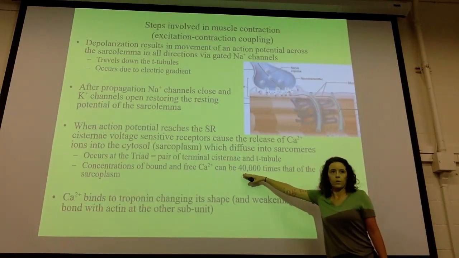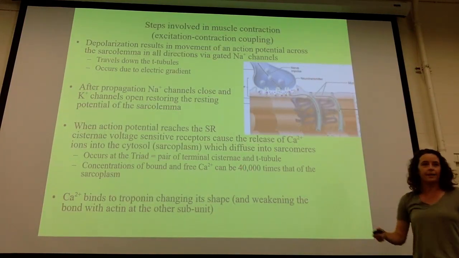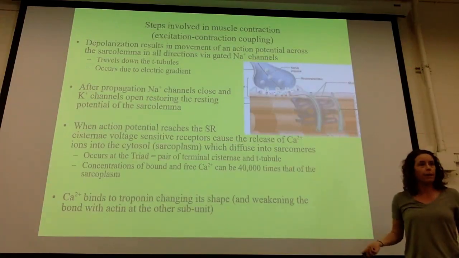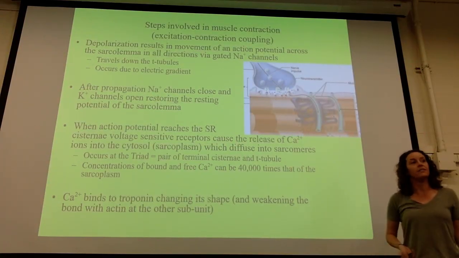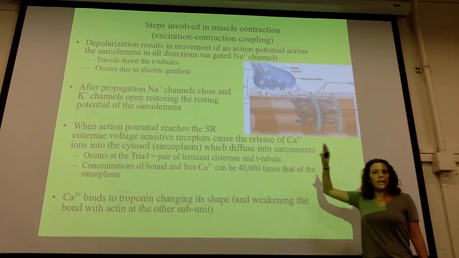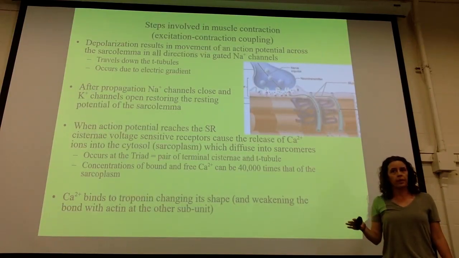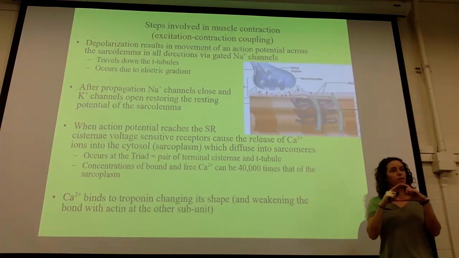And when I say a ton of calcium, I mean 40,000 times the regular amount of calcium that you would find on the inside of the muscle fiber. Okay, so this step, the action potential has traveled down the T-tubule, has caused the opening of the gates of the SR to release the calcium.